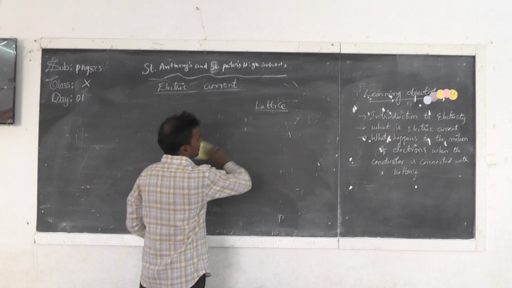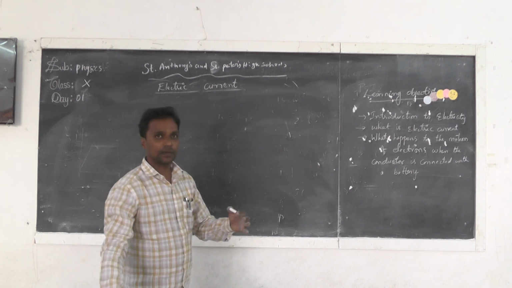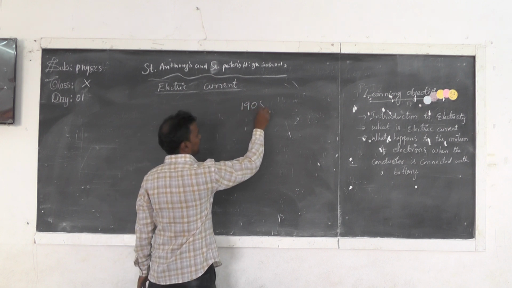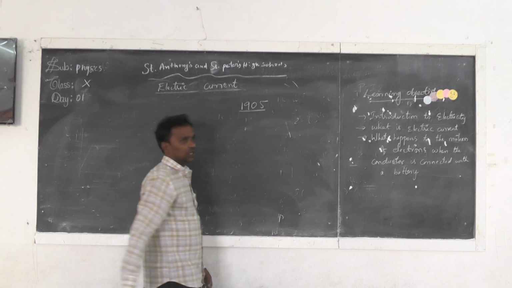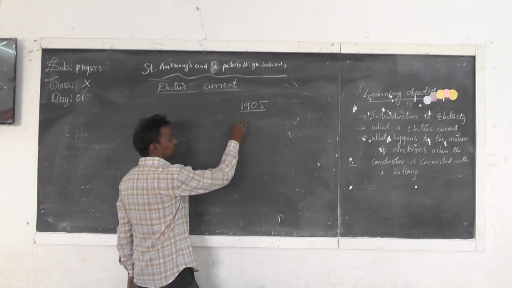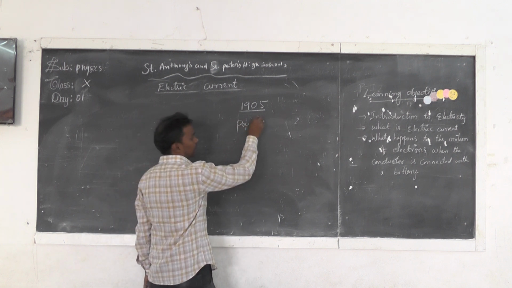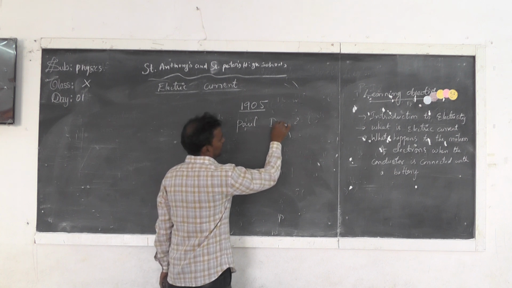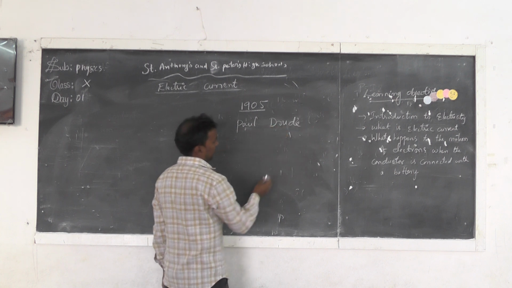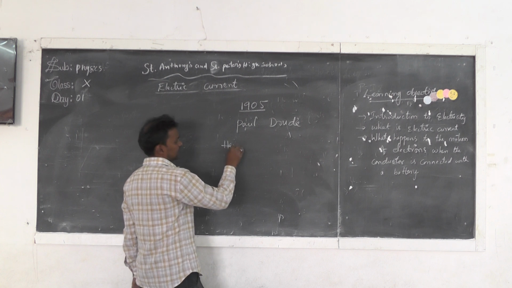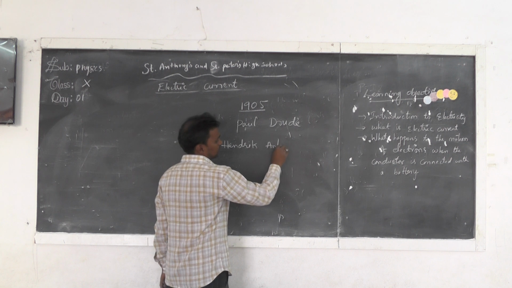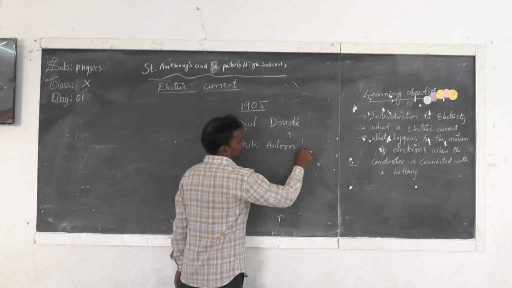This concept was developed in 1905, by two scientists. The first scientist is Paul Drude, D-R-U-D-E, and Hendrik Anton Lorentz.